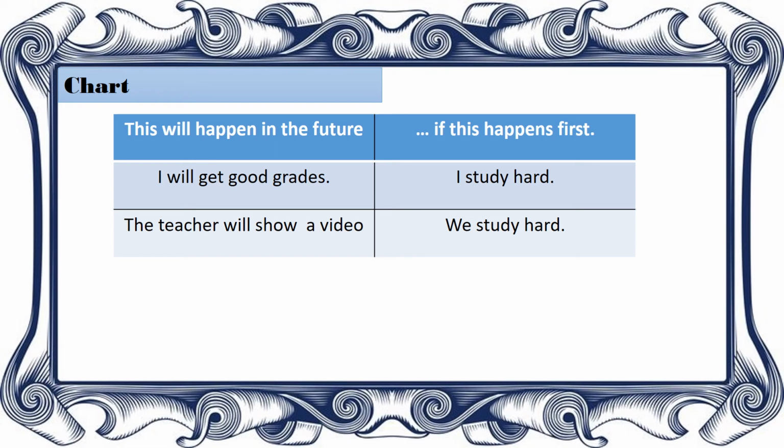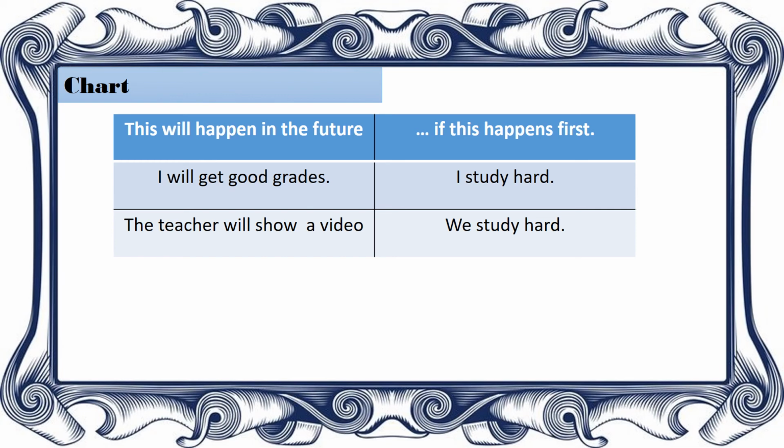Let's try to combine the words here together. For the first one, we'll use the result plus condition pattern, and for the second one, we'll use the condition plus comma plus result pattern.